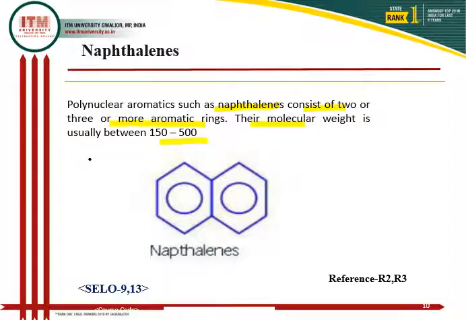These are present in the crude oil in an appropriate proportion, but a high proportion causes various drawbacks because it causes blockage of the pipes where we use it in the application. It condenses out, so their proportion should be less. For that we have to remove the naphthalene content.